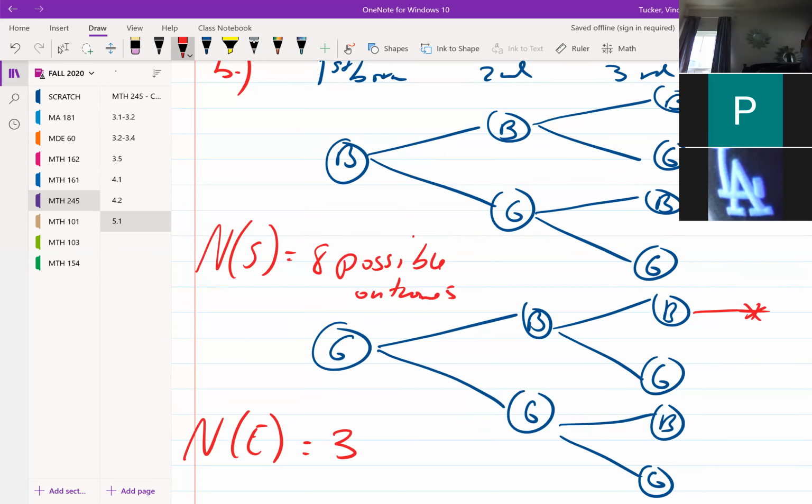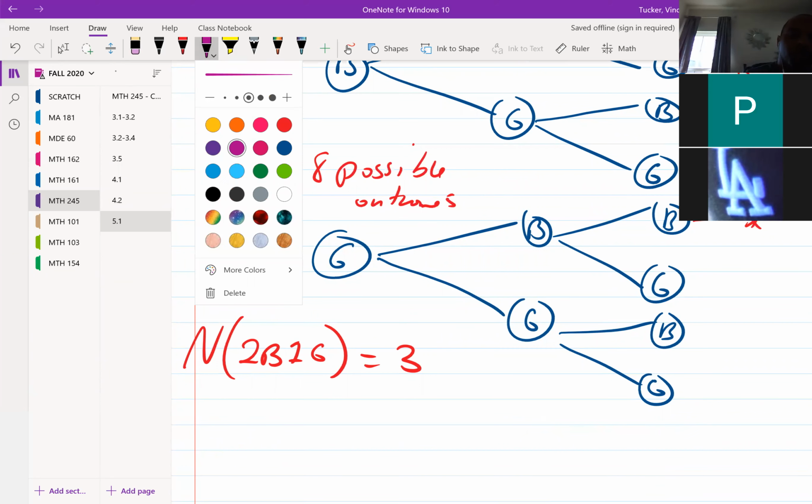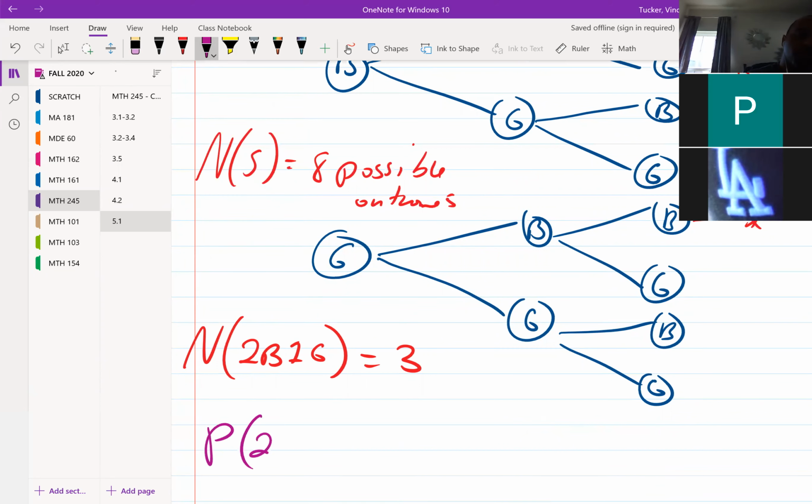Or let me do it like this. So 3 times is when we got 2 boys and 1 girl. 3 out of the 8. So once we have that, the probability of 2 boys and 1 girl would be 3/8.